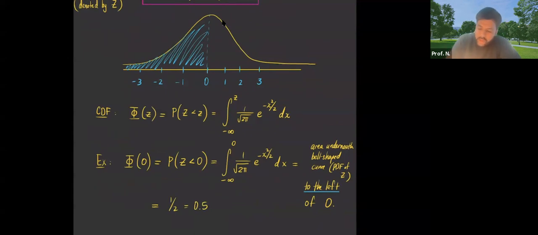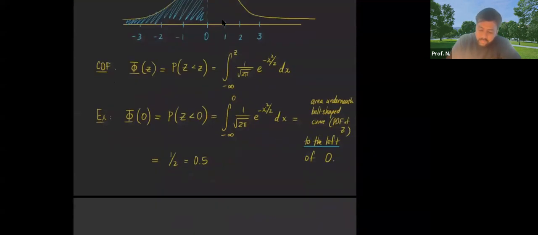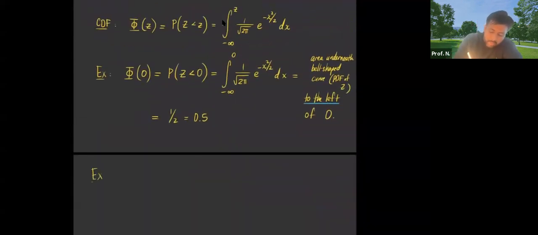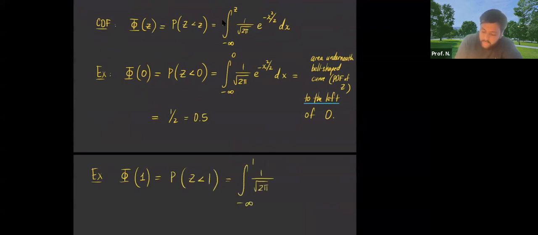Now, what happens when I ask what's the CDF at 1? What's the probability that my z value is less than 1? Well, it's the integral from negative infinity to 1 of 1 over the square root of 2 pi e to the negative x squared over 2 dx, and so on.